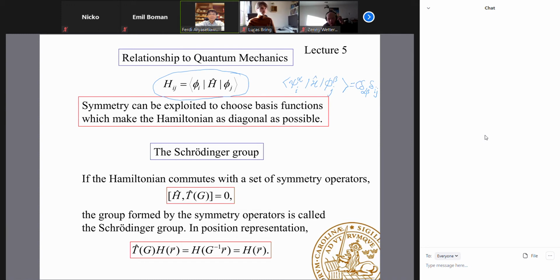So the Hamiltonian will be diagonal unless the basis functions belong to the same irreducible representations.